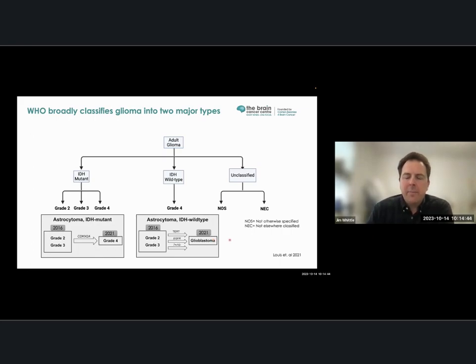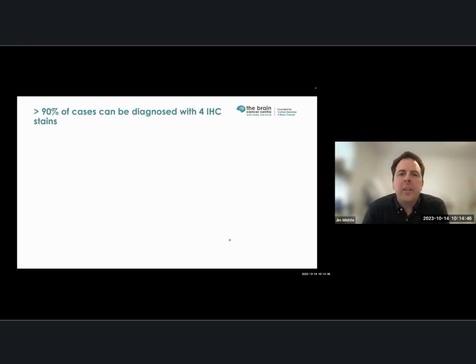Now, the other key message I wanted to give is that although molecular diagnoses are increasingly used in our clinical practice, most of these cases can be diagnosed with really 4 immunohistochemistry and FISH stains with quite ready use. So if we take a glioma that comes through the pathology department, the first test is to look at whether it's IDH mutated or wild type.